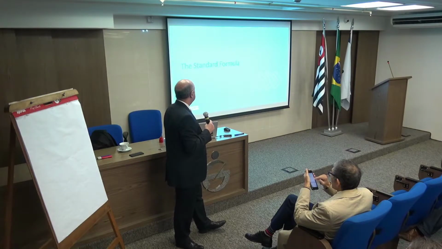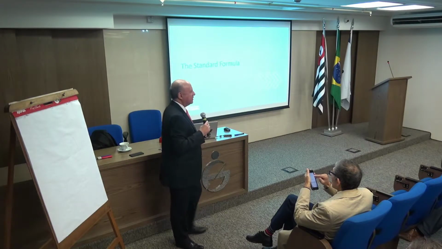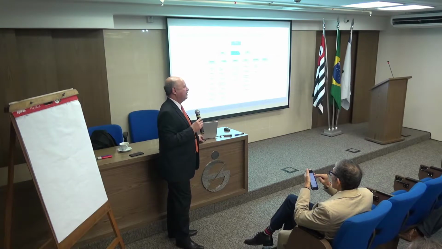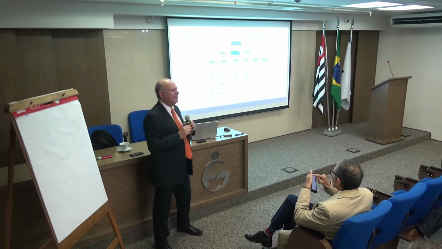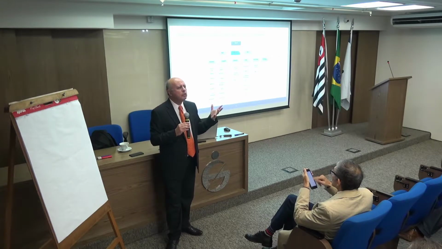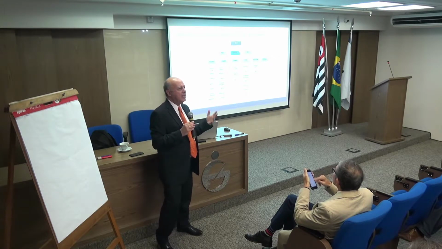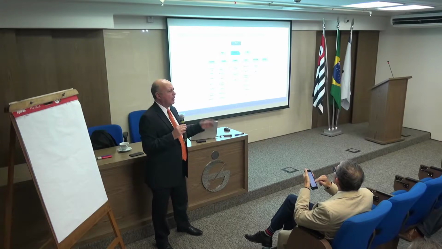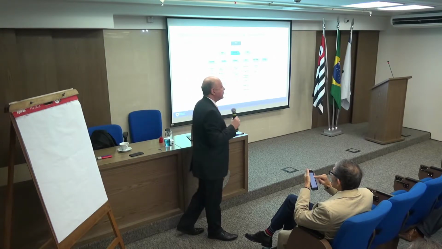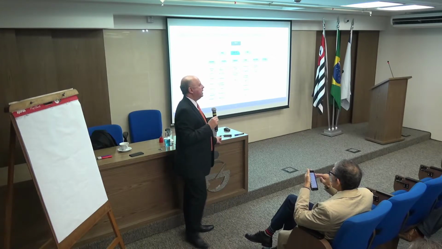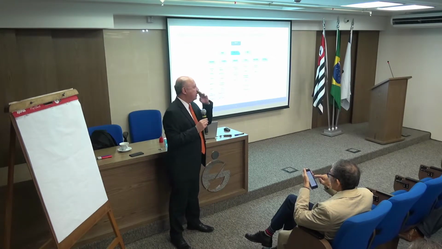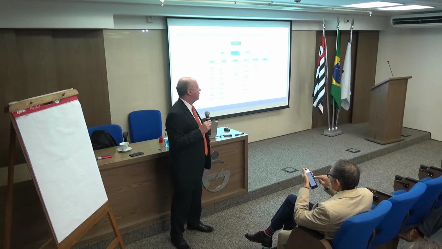Okay, so here's again the standard formula, and like I said, this is repetition. This is the way the risk modules are classified, and then we have six risk modules. And then we have sub-modules. And then on top of that, we have adjustments, and then we have operational risk, okay?